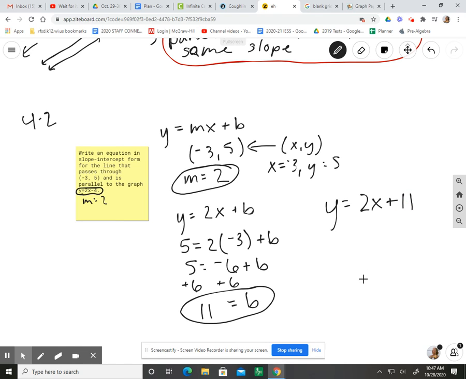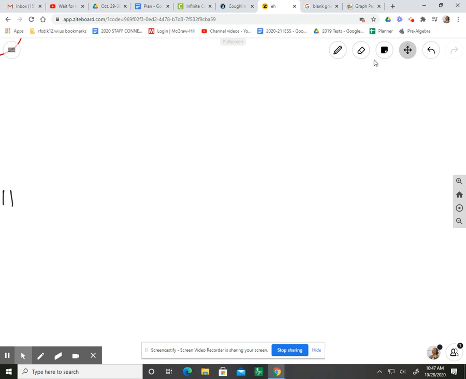Okay? Let's do another one really quickly. Let's write an equation of a line parallel to y equals 1/4 x plus 7 that goes through (4, -1).